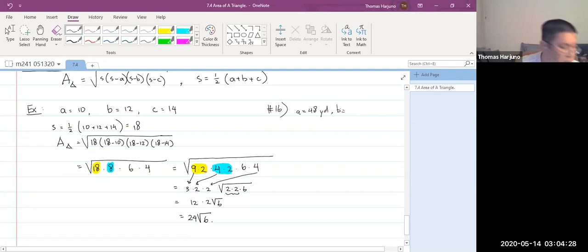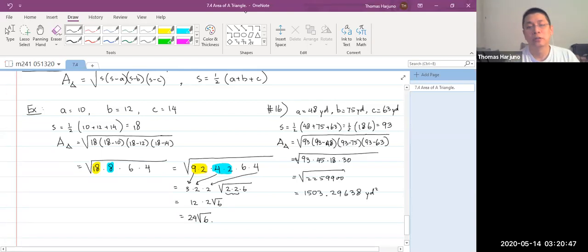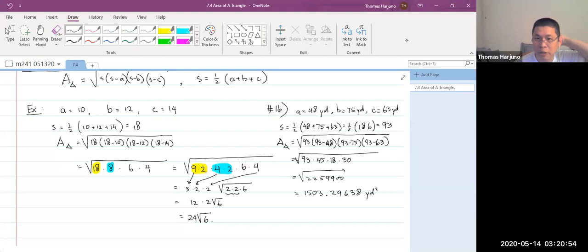B is 75 yards. And C is 63 yards. You have 3 minutes. I just worked it out during your break, so that's what you're supposed to get, right?